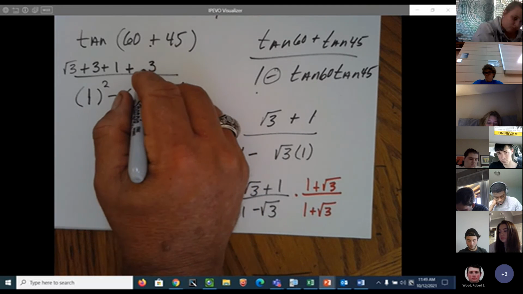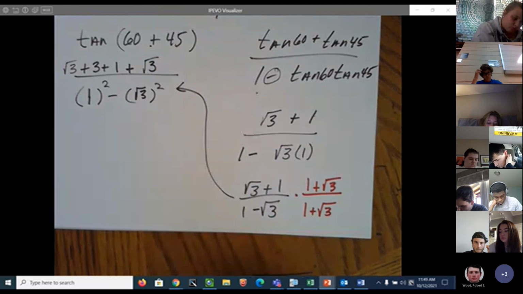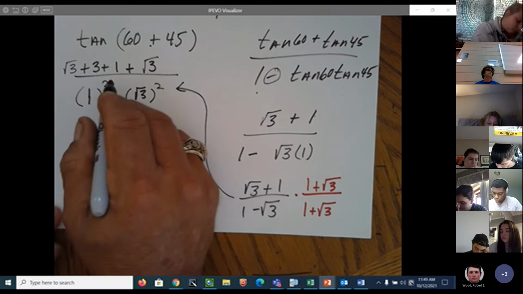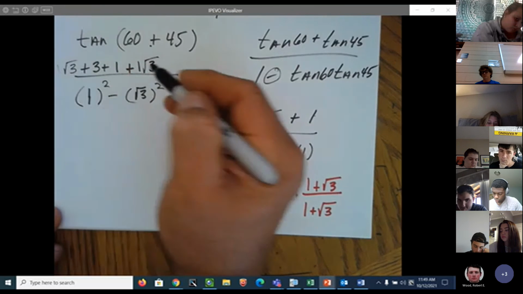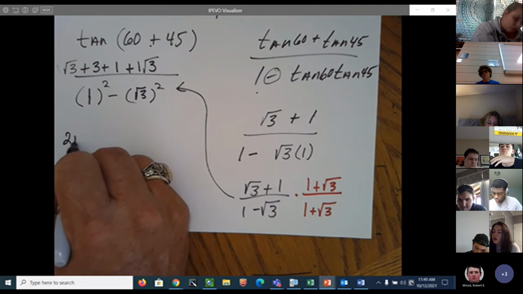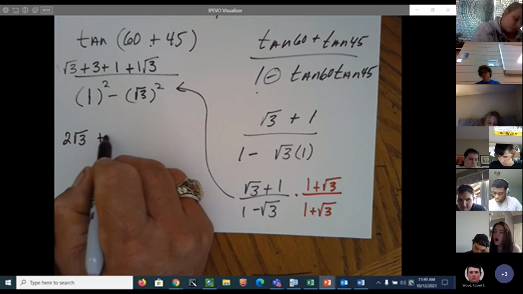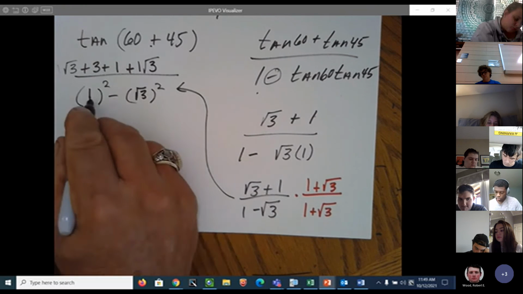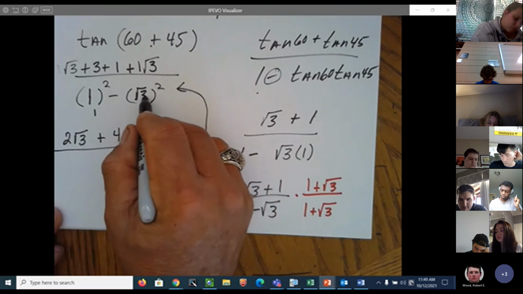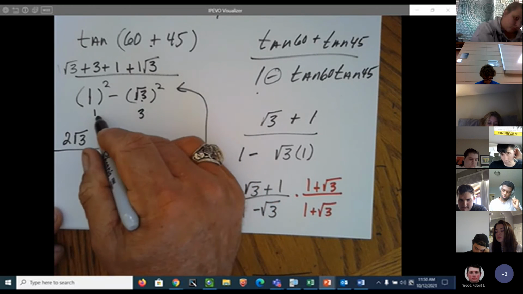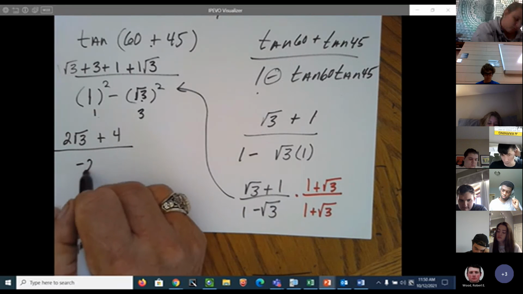That's first for square root of 3. Yeah, 1 times square root of 3. Yeah. And that's going to be 1 plus square root of 3, 1 plus square root of 3. That's 2 times square root of 3 plus 4 over 1 squared is 1, and square root of 3 squared is 3. 1 minus 3 is negative 2.